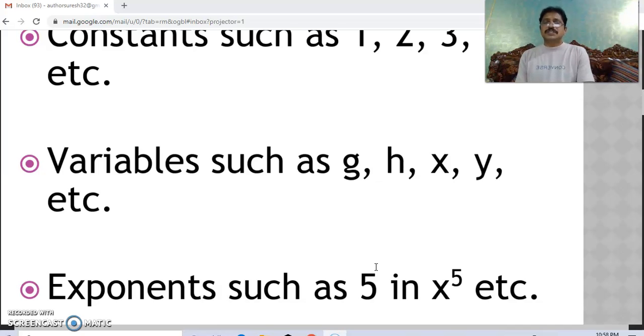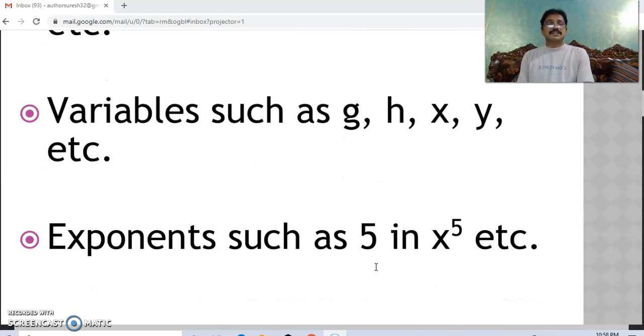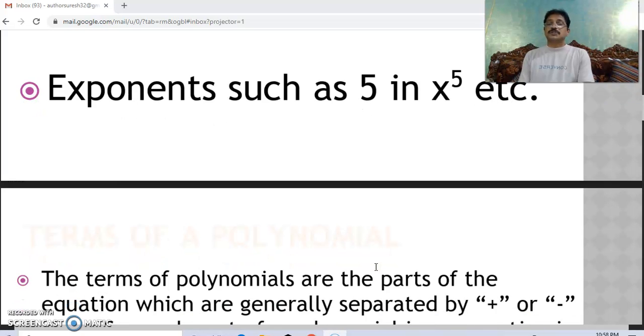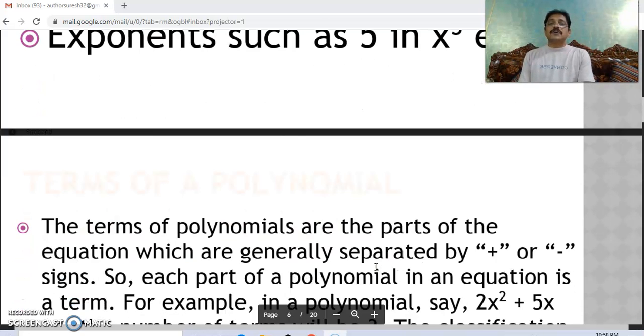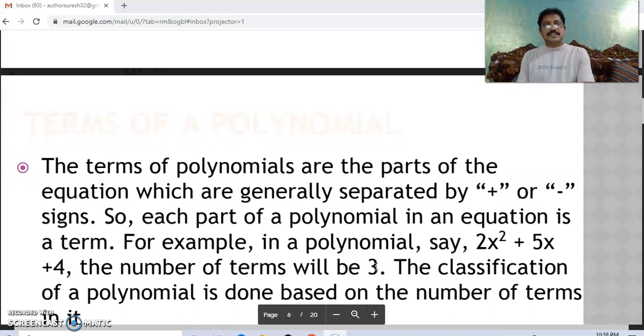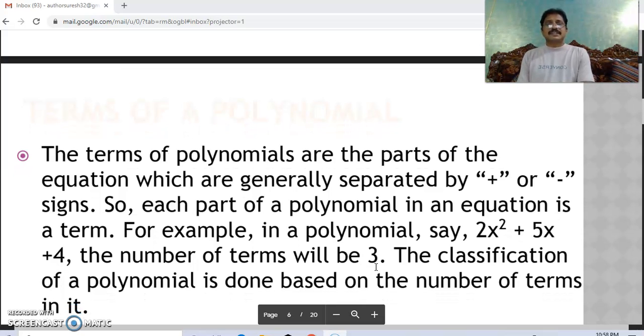That's the reason I use variables such as g, h, x, y. And exponents such as x power 5, x power 3, y square, all these are exponents. So we can say a polynomial is composed of constants, variables, and exponents. The terms of polynomials are the parts of the equation which are generally separated by plus or minus signs. So it is simply an algebraic sum of terms.